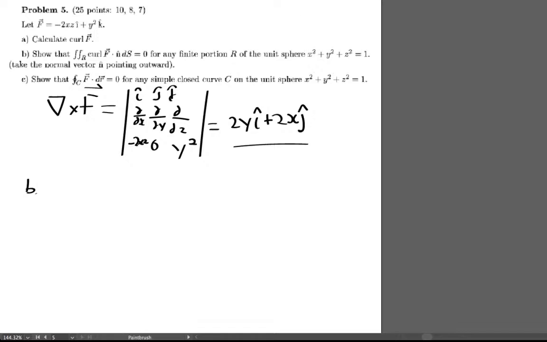This sign here should actually be a negative, because it's a negative, and then you take another negative, and then another negative, because that's the meaning of determinant. So when you take del cross f vector dot the n hat, which in this case is x, y, z for the n hat because it's a sphere, that means this guy equals 0, which is basically the surface integral of 0, which is 0.